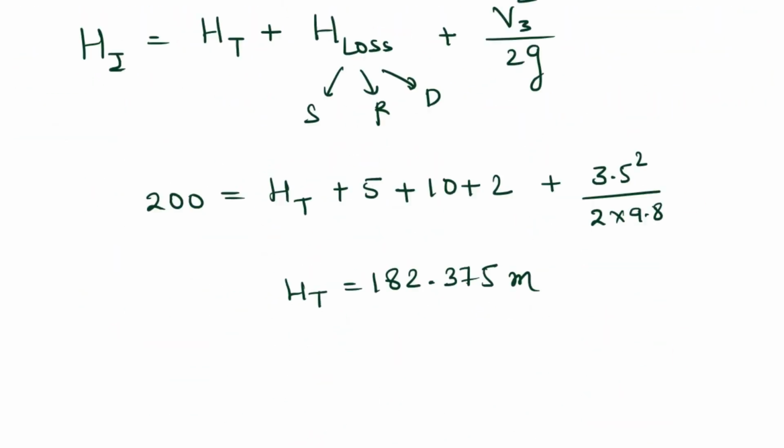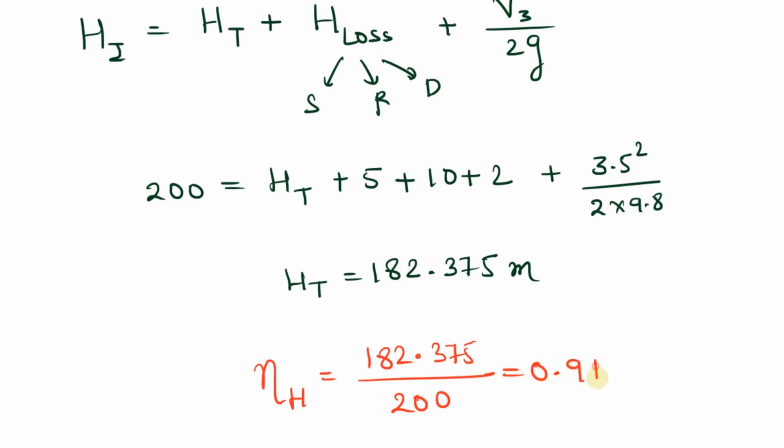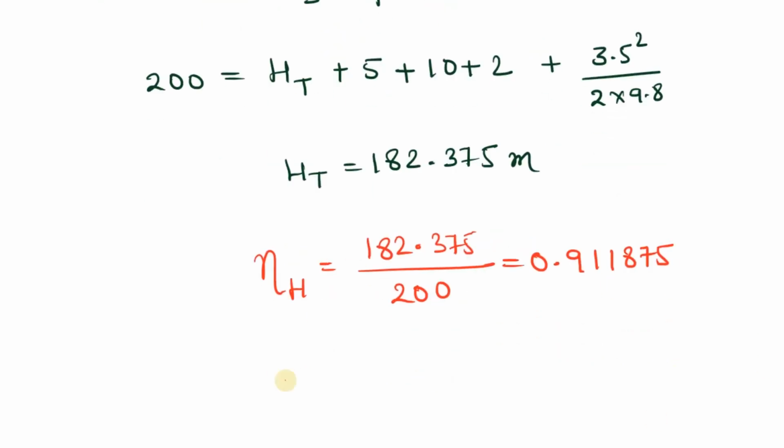Now we can substitute this value of HT in the first equation to calculate the hydraulic efficiency. So eta H will be equal to 182.375 divided by HI, that is 200, and this will give 0.911875. And in percentage we can write eta H is equal to 91.1875%.